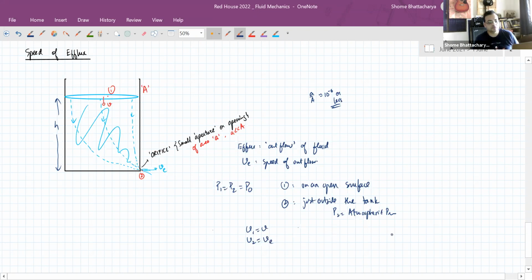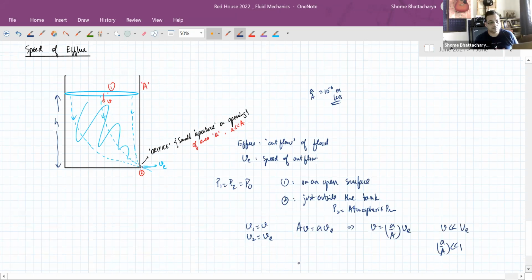So we can see that V is equal to this. You can see that V itself is going to be very small compared to VE because a by A is very small compared to 1. So this is our continuity equation already used.